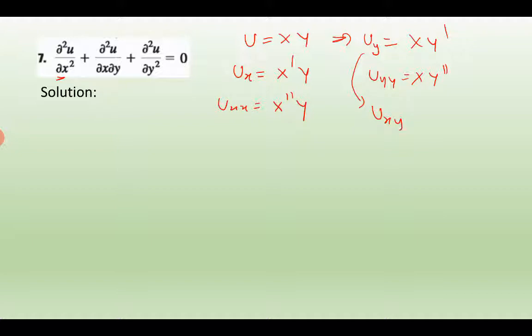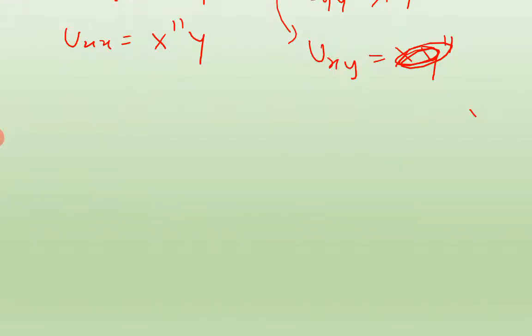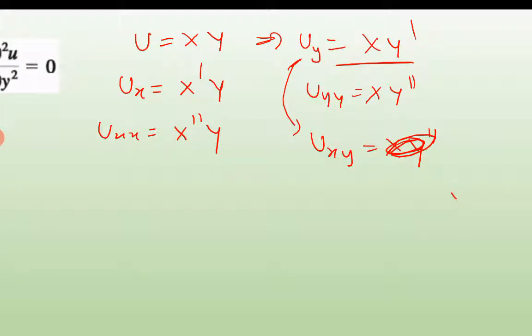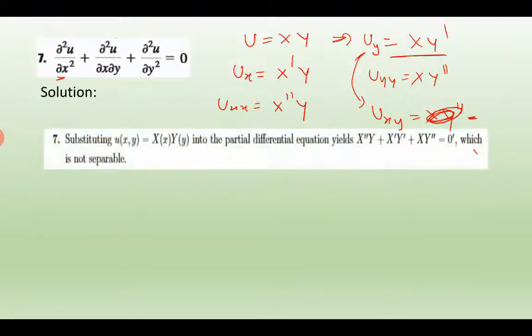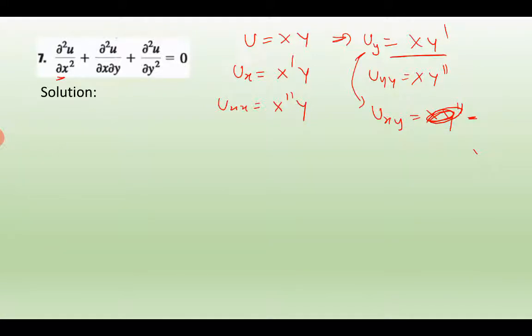From this we can find u x y, differentiating this result with respect to y, which is x prime y prime.